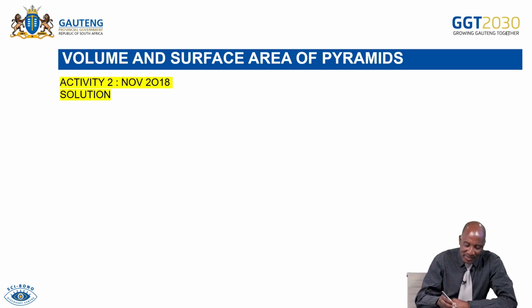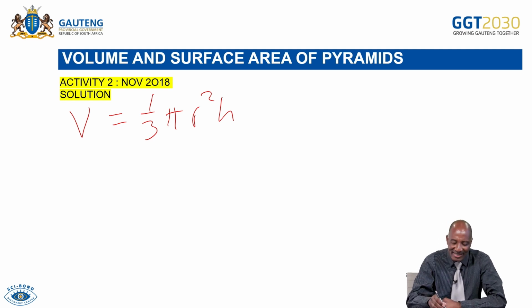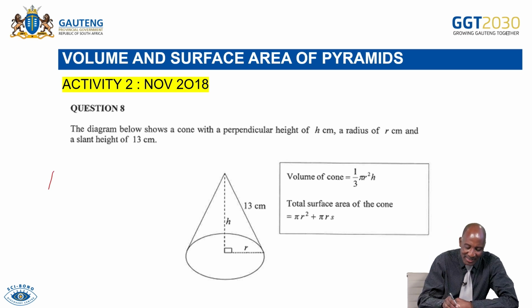Okay, so we are going to say volume equals 1/3 pi r squared h. But let's not forget, if we go back here, we can find r by applying Pythagoras' theorem. Our 13 squared, according to Pythagoras' theorem, equals h squared plus r squared.